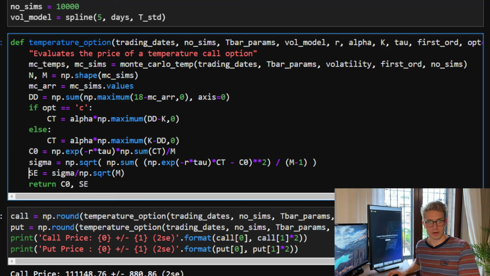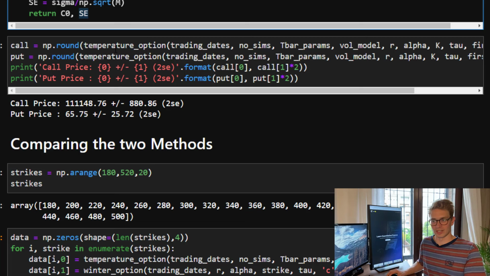And for the standard error of a Monte Carlo estimate, all you need to do is divide by the square root of m. Now I'm going to return our fair value, C0, and then our standard error. Then I can print out what it is for the call and the put. Similar to before with the strike that we had, you get the following prices here.